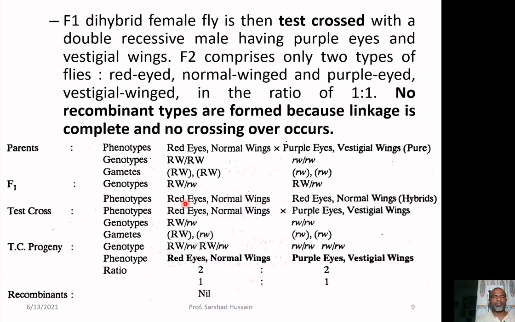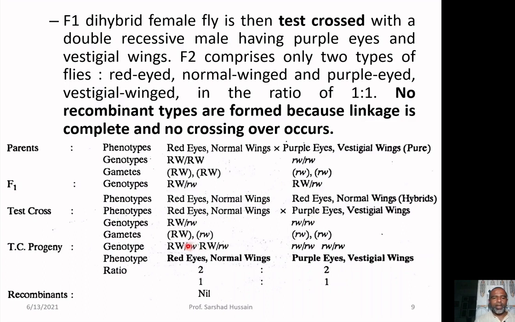Now, in order to check whether this F1 is pure or not, you can conduct a test cross. In the test cross, you take this red eyed and normal winged F1 hybrid which was produced over there, and you cross it with the pure recessive parent.